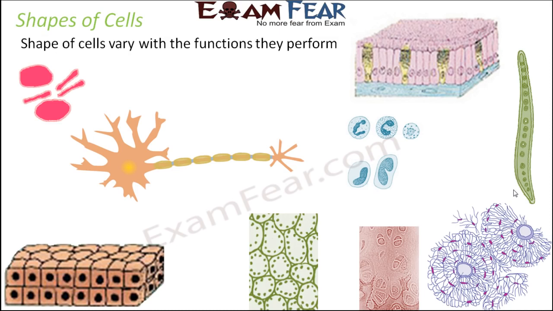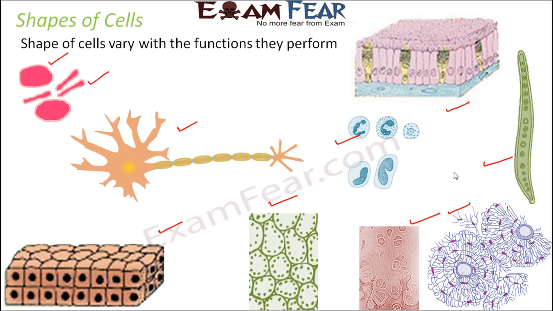So when you talk about shapes, here on this slide itself, we talked about so many shapes. We talked about round shapes, biconcave shapes, amoeboid shapes, long branched shapes, cuboidal, round, ciliated, elongated. So we spoke about so many different types of shapes.